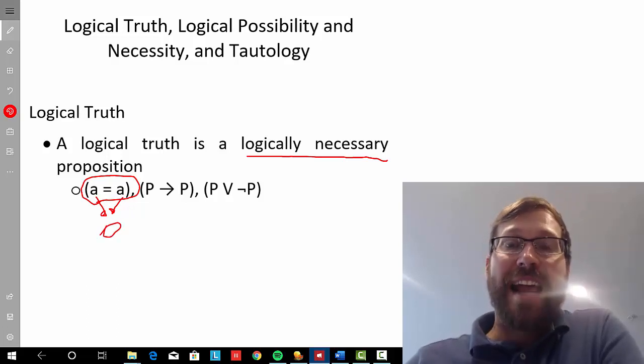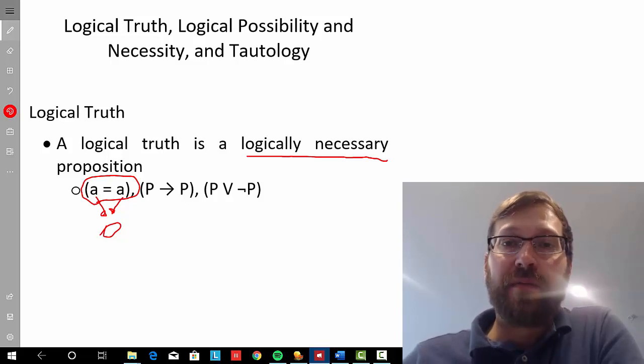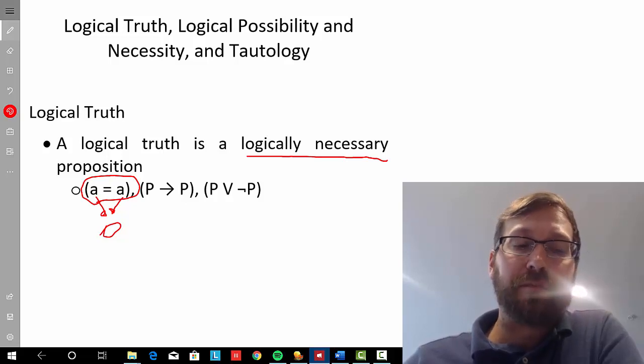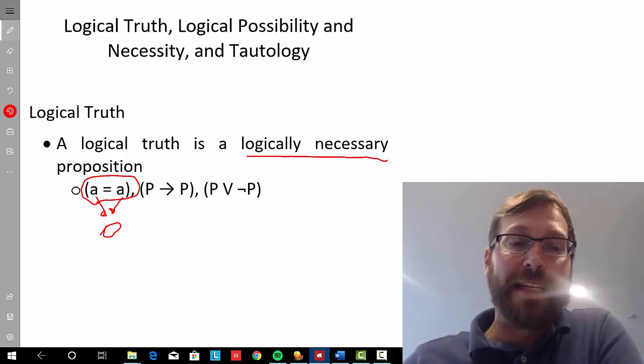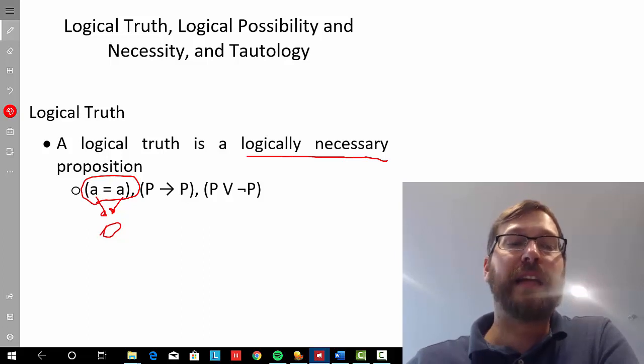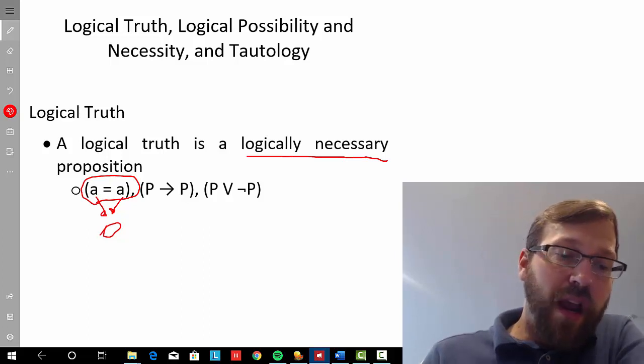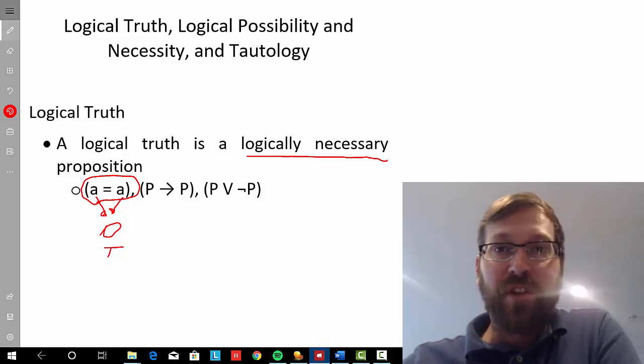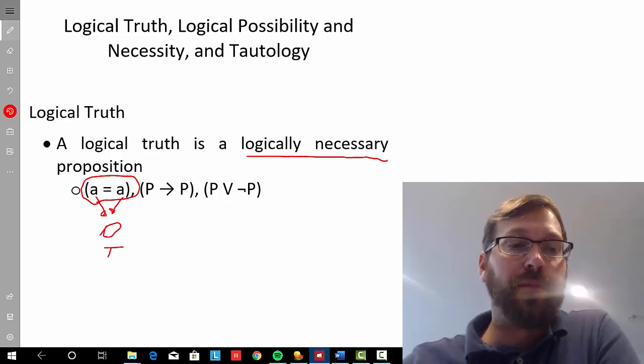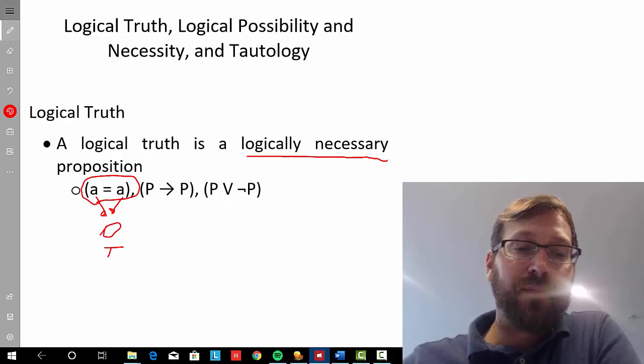And of course, a thing has to be itself. You have to be identical to yourself. You have to have all of the same properties that you have. So by the meaning of numerical identity and the fact that these names are individual constants, there's no way for such a proposition to be false in FOL. It is a logical truth.